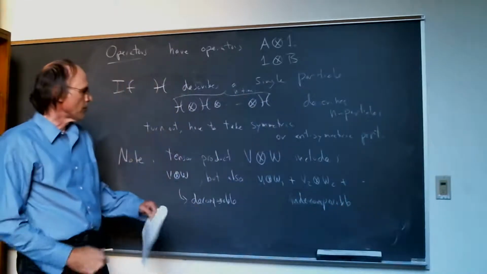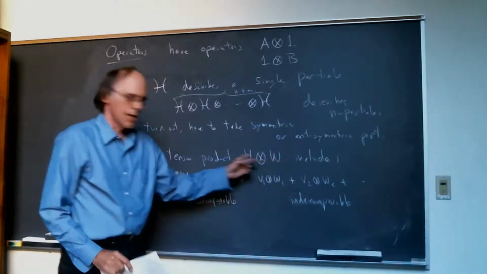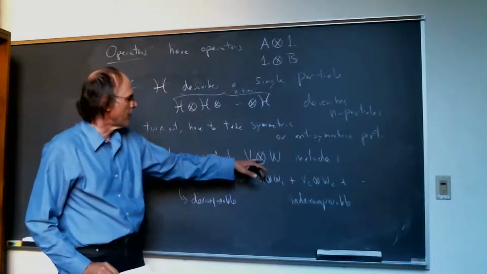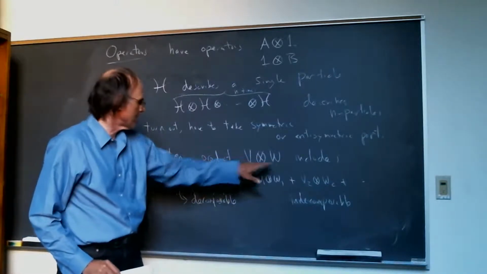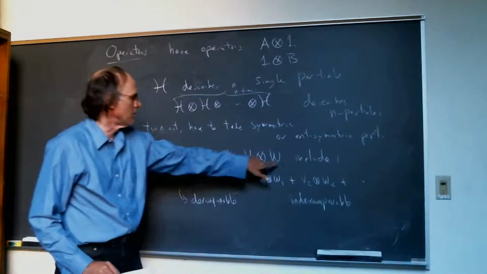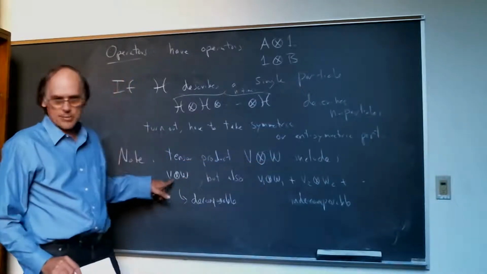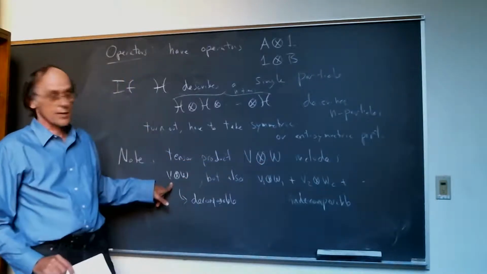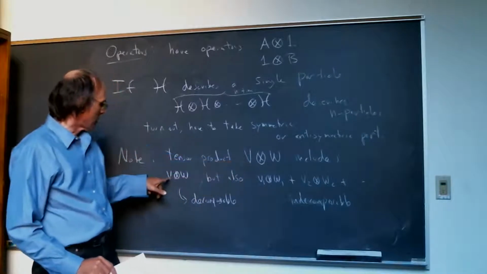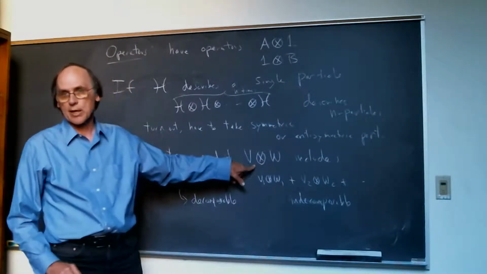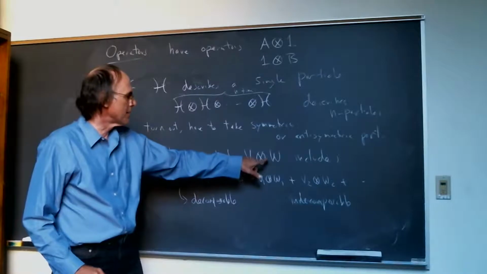So the slightly confusing thing about this is this isn't just a product in the sense that elements of this are not just products of two vectors. If you take the tensor product of something in here and something in here, you can get something in here. But remember that this is a vector space.